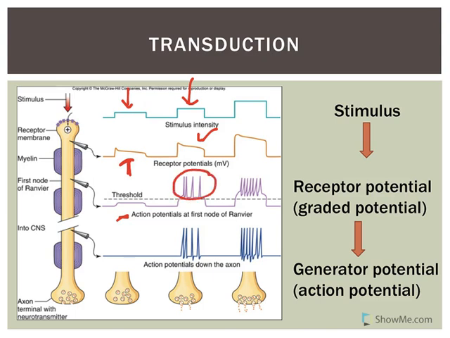So these ones are referred to as receptor potentials. They're graded potentials. When we're talking about sensory information, we refer to the graded potentials as graded or receptor potentials. If you have enough of a stimulus intensity that you can reach threshold, you will have an action potential, and the action potential is referred to as a generator potential.